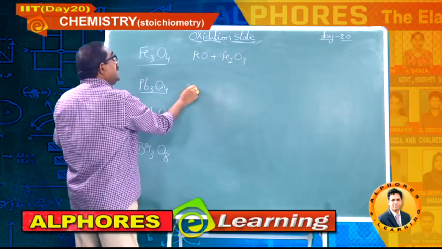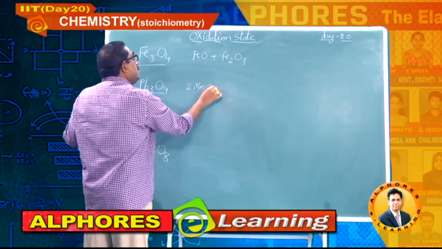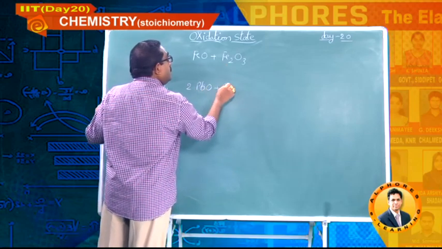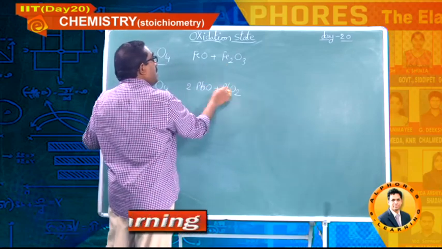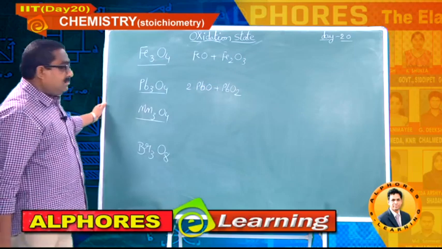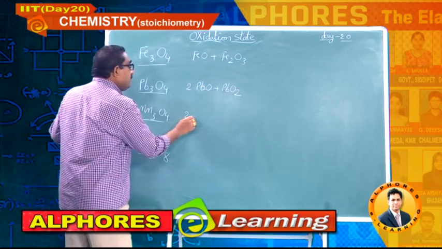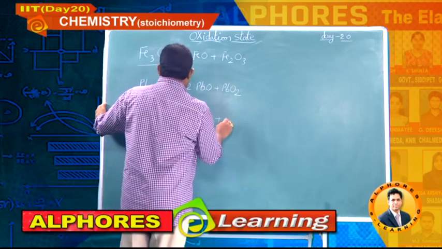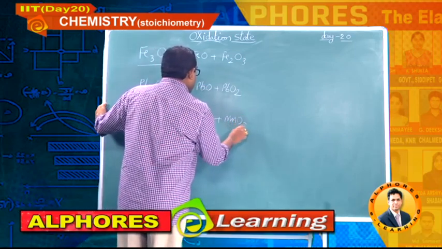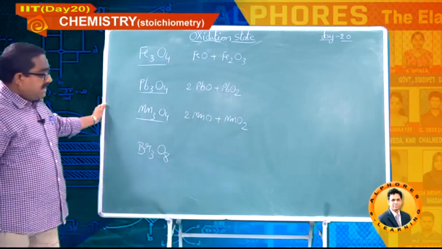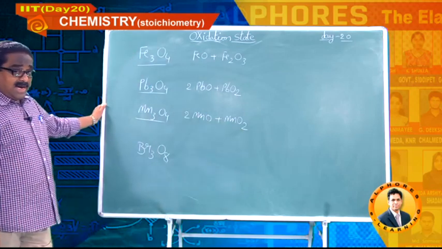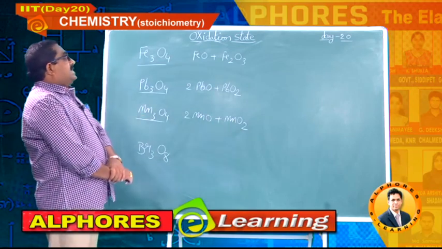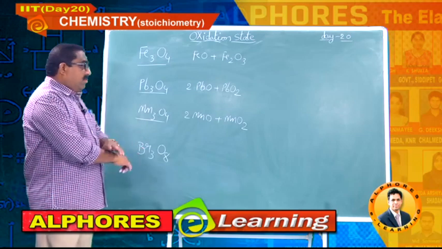It is also a mixture of lead monoxide and lead dioxide. This is a mixture of manganese monoxide as well as dioxide. Let us discuss the first three and then I will go for the fourth one.